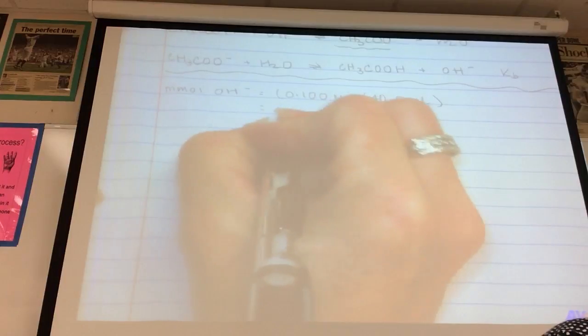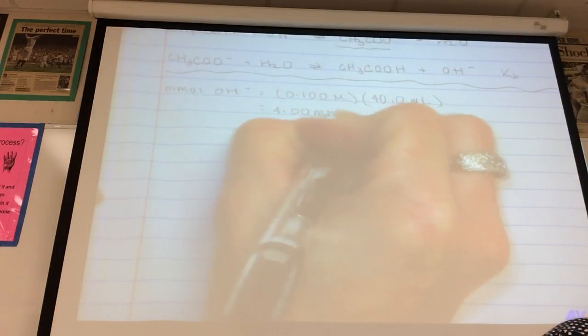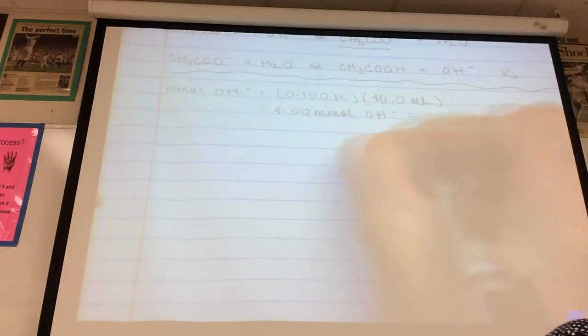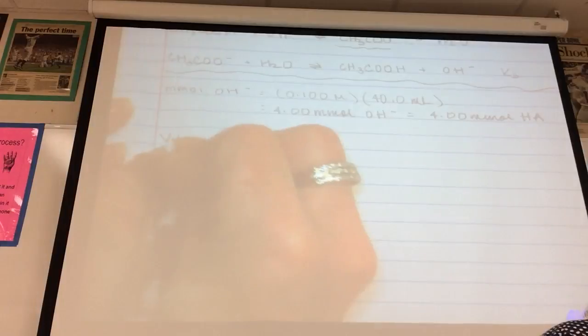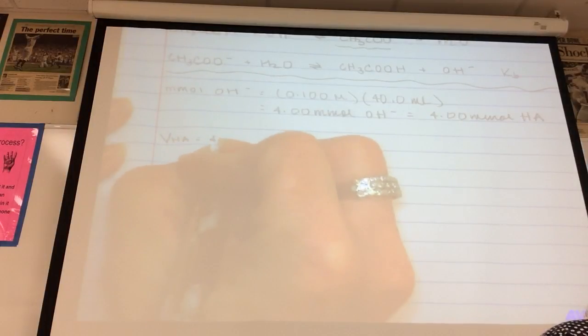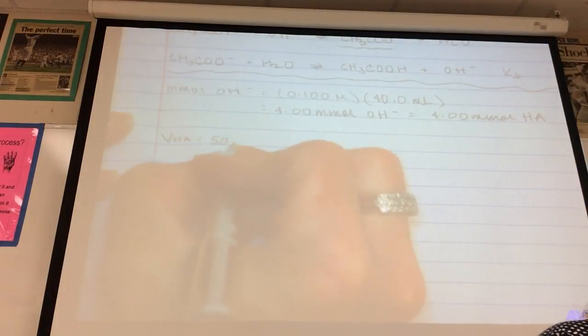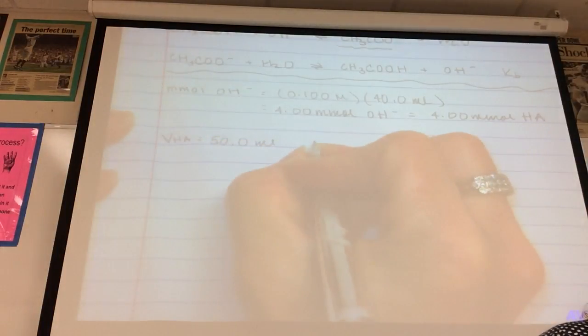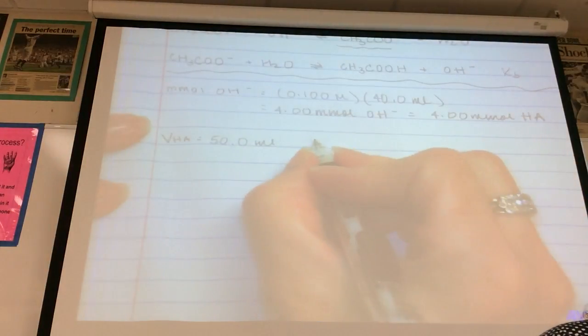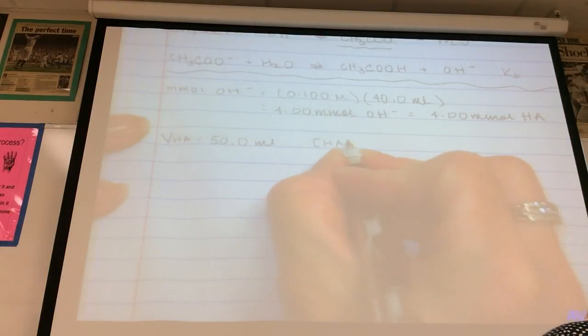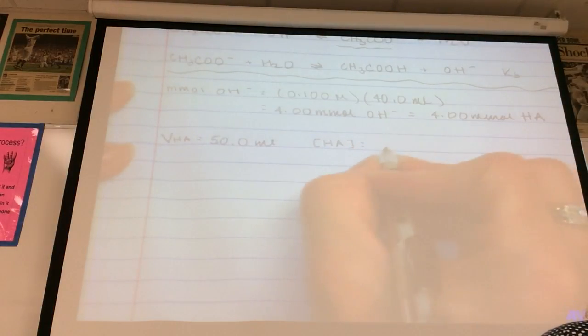And that's going to be 4 millimoles of hydroxide ion, and therefore we know there's going to be 4 millimoles of weak acid. We know that the volume of HA is, no, it wasn't 4, it was 50 mils, right? Yeah. So the concentration of the HA then would be what? Or should have been what? 4 over 50.